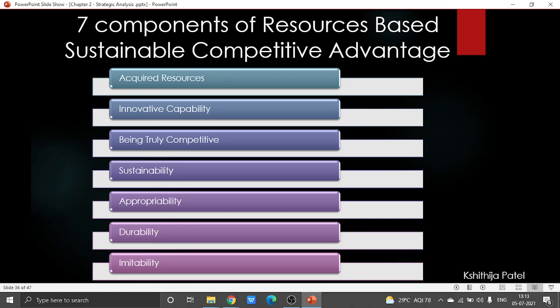It can also be the human resource, the skills and the knowledge present in the employees of the organization.